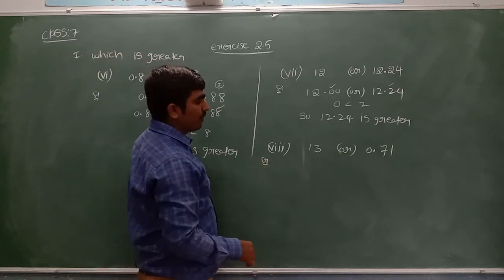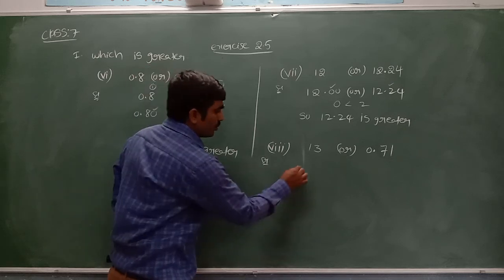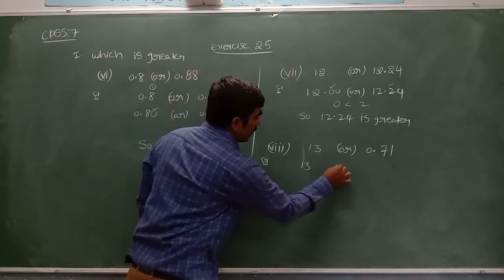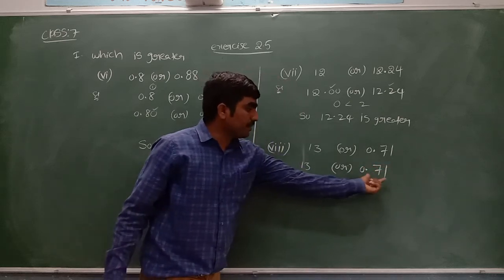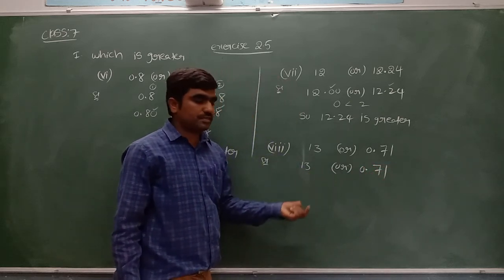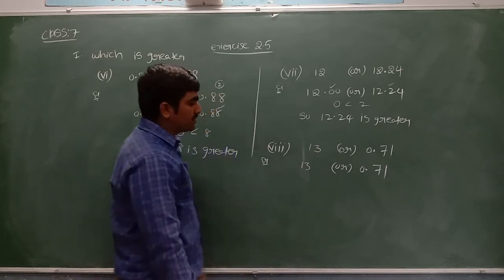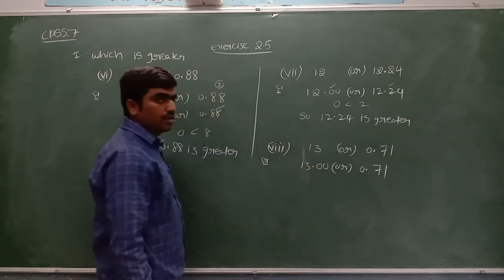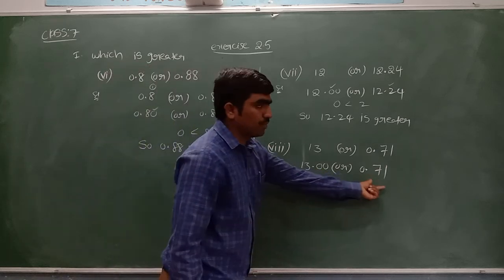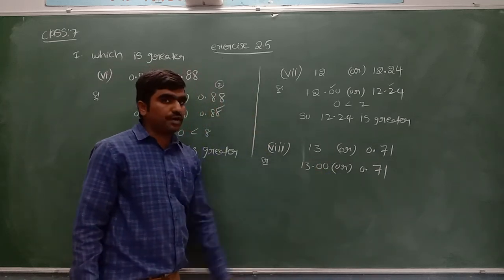13 or 0.71. 13 and 0.71. 0.71 has two decimal places. Here there are no decimal places. Here also I want to make two decimal places, so we take the point by keeping zeros. Two zeros, you can see. Two decimal places, both of them. Now do the comparison and identify the greater.